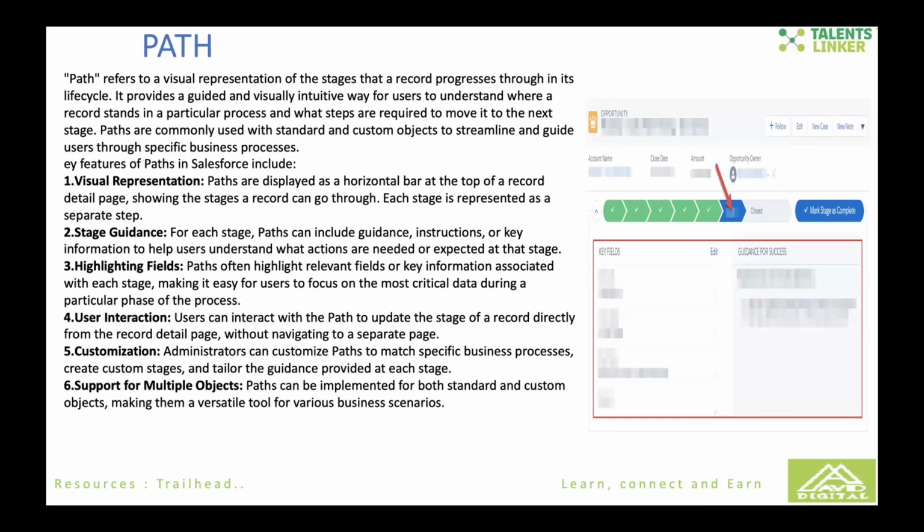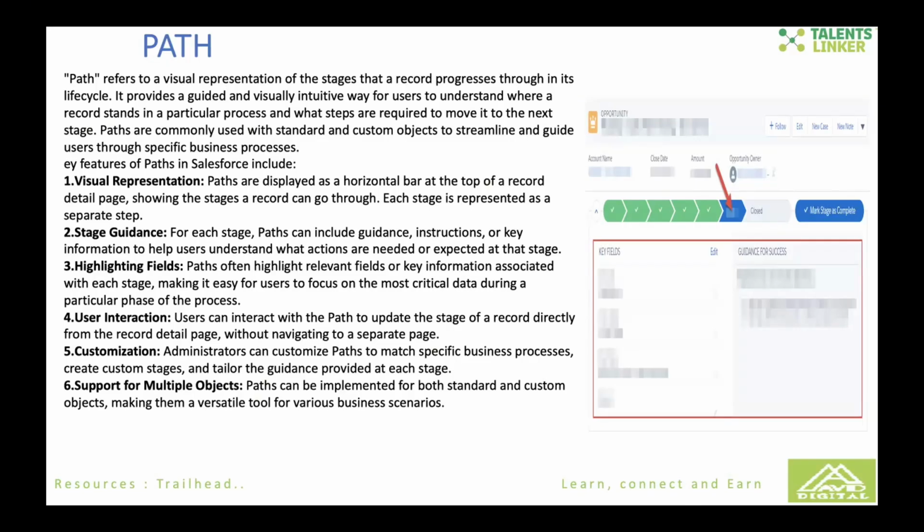Each stage is represented as a separate step. By the time you move from one stage to another, maybe from prospecting to price quote, it's going to be marked, till when you go to the last stage, maybe the project is completed or the installation is being commissioned. All depends.